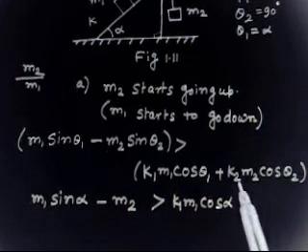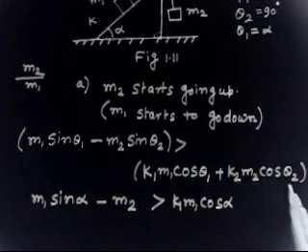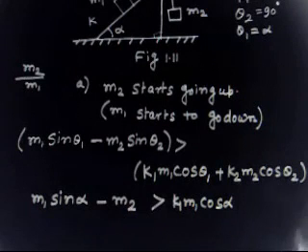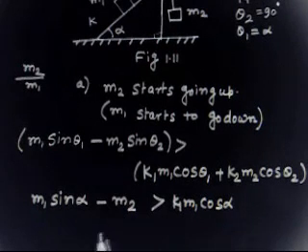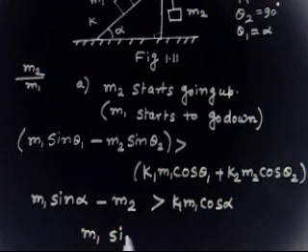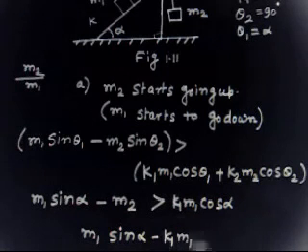And you see k2 is 0 and theta 2 is 90 degrees, so this term is basically 0. So this is the condition. Now let us take this m to this side, so I will have m1 sine alpha minus k1 m1 cos alpha.